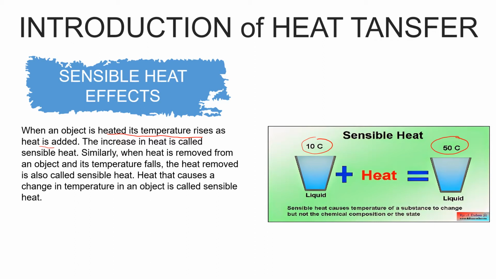If heat is removed from an object and its temperature falls, then the heat removed is also called the sensible heat. So when the temperature falls, that means it removes heat, and this heat is also called a sensible heat. When the object has a change in temperature, delta T, it is also called a sensible heat.